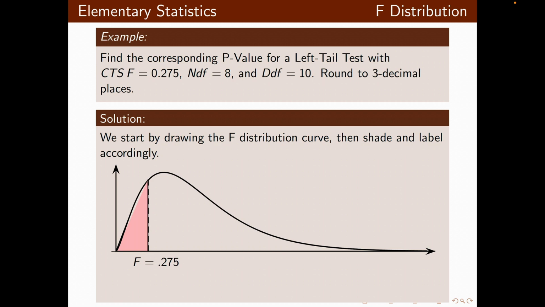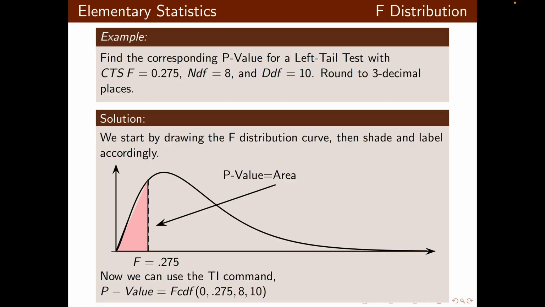P-value will be that left area. Using the TI command, FCDF, lower would be 0, upper would be 0.275, numerator degrees of freedom 8, denominator degrees of freedom 10. And that answer after rounding would be 0.040. That would be the corresponding p-value.